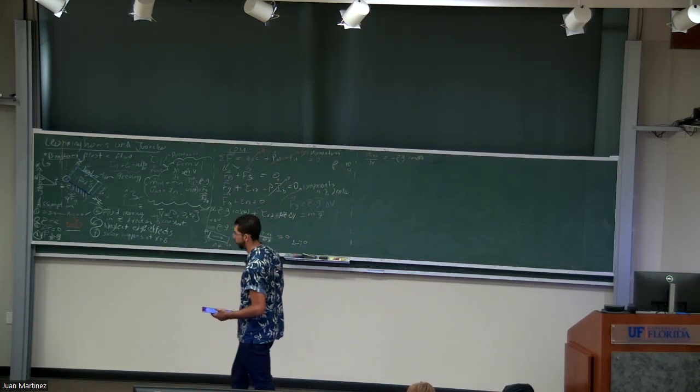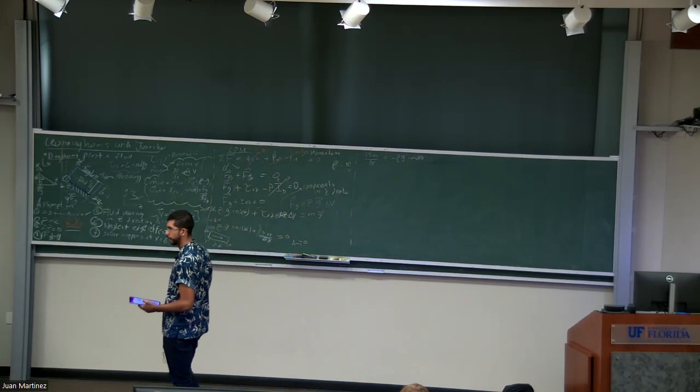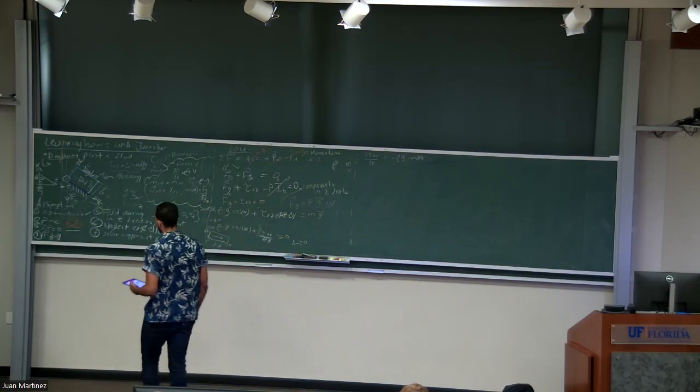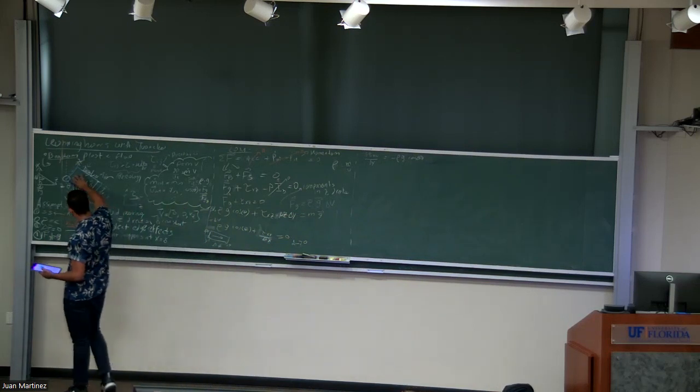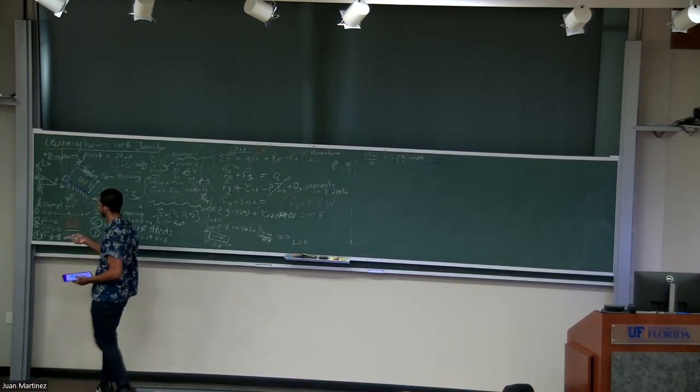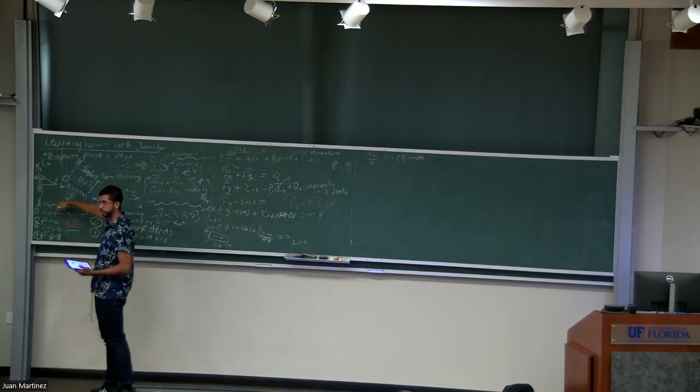For my X, what do you mean? So we have the X. Yeah, so it would be the component. I know what you're saying, and yes, gravity has a component in the X direction.